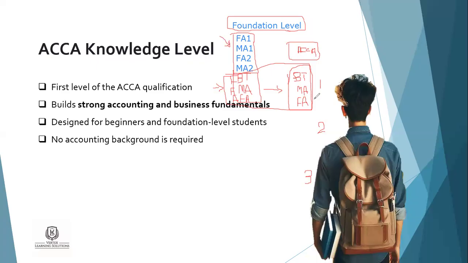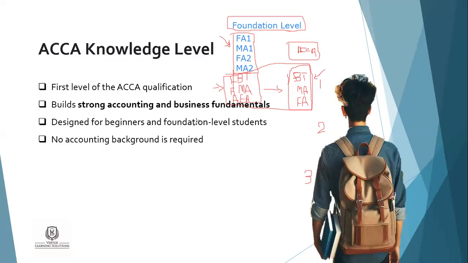Otherwise, a person who is mature enough and can understand English well can handle the language. They can start with ACCA and go straight into the BT, MA, and FA papers. Everything is repeated here, and then some advanced knowledge is also there.